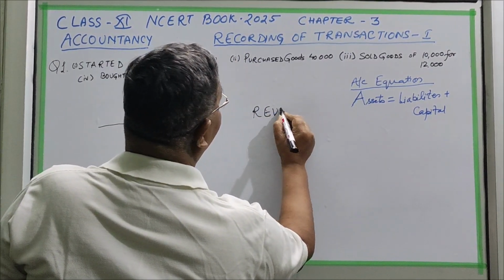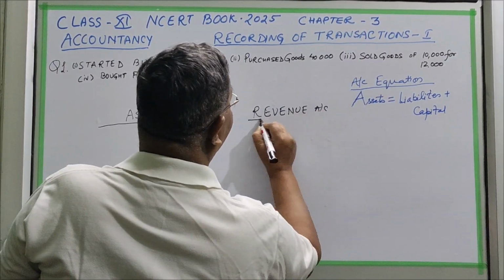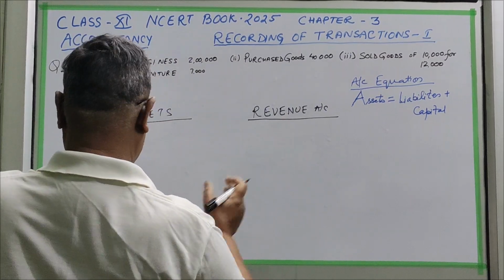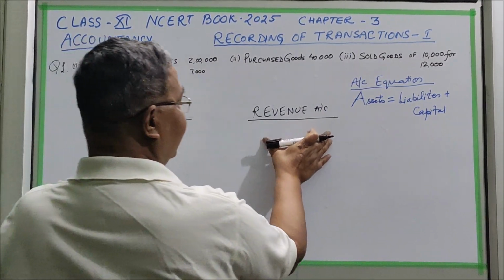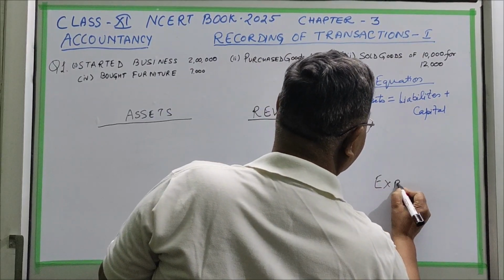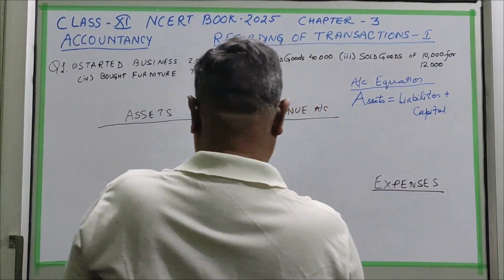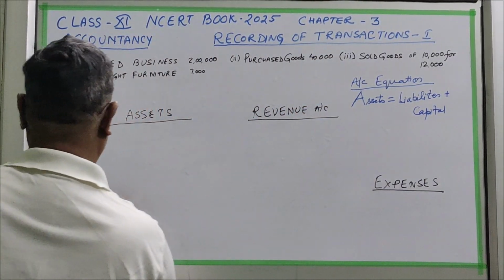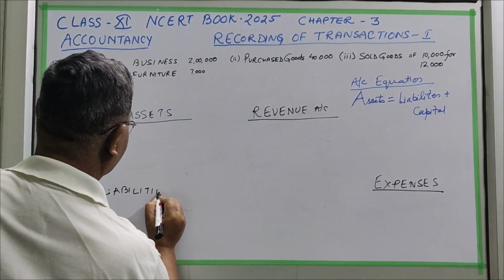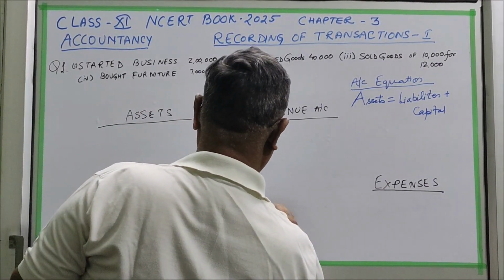These are known as revenue accounts, like whatever expenses we are doing, whatever income we are having, expenses account, and then assets, liabilities we have, and capital account.